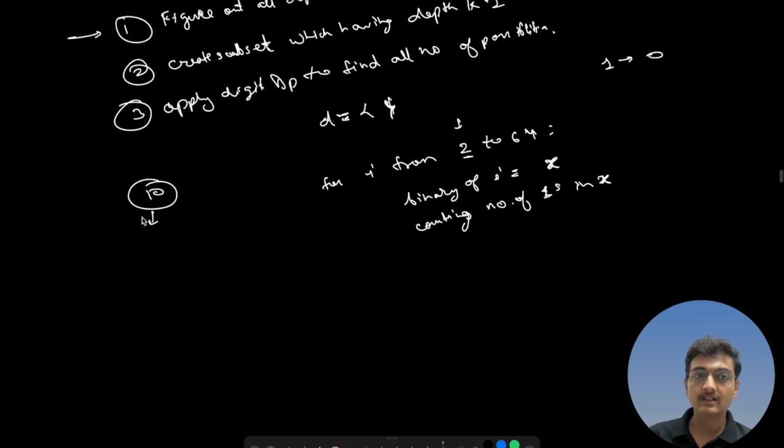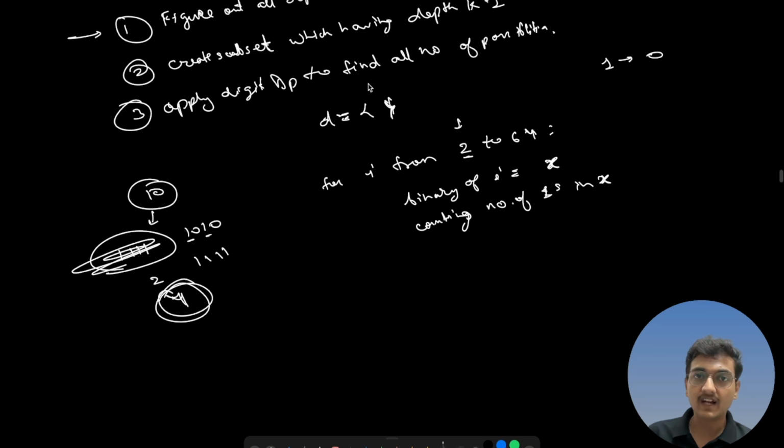In the max case, it will be all ones, and 10 has only 4 digits. If I calculate the binary of 10, it will be 1010. How many set bits are there? It will be 2. In the worst case, it can be all ones, so 4. So my answer is definitely less than this number, and for that smaller number I already have the depth answer, so I can quickly get that depth.